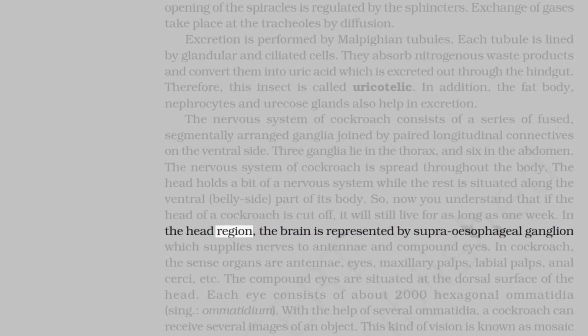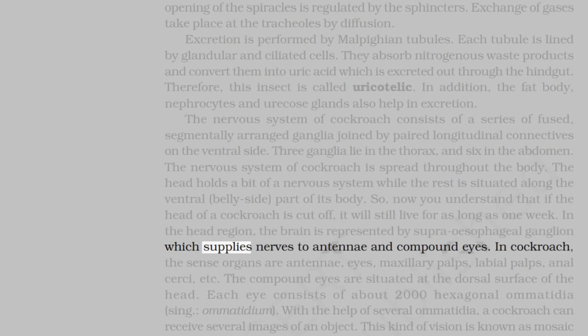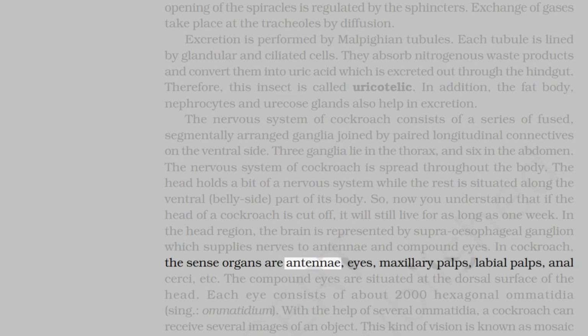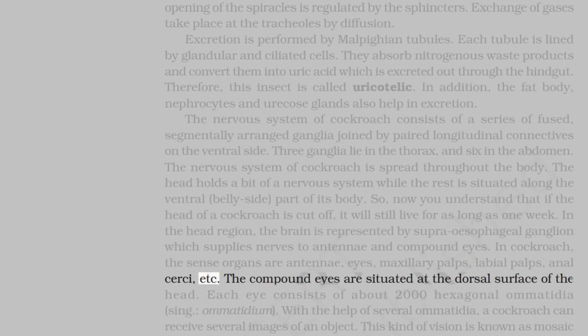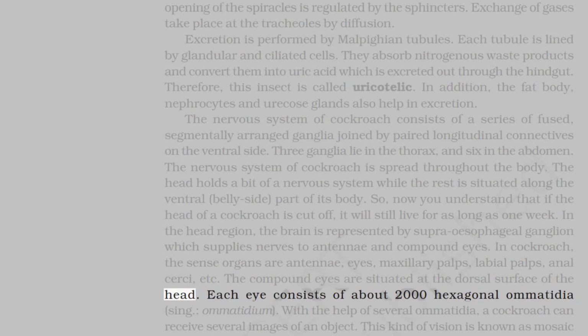In the head region, the brain is represented by supraoesophageal ganglion, which supplies nerves to antennae and compound eyes. In cockroach, the sense organs are antennae, eyes, maxillary palps, labial palps, anal cerci, etc. The compound eyes are situated at the dorsal surface of the head.